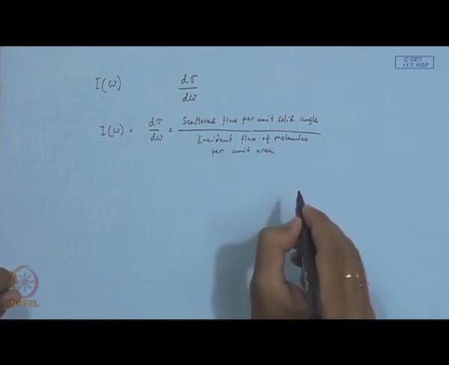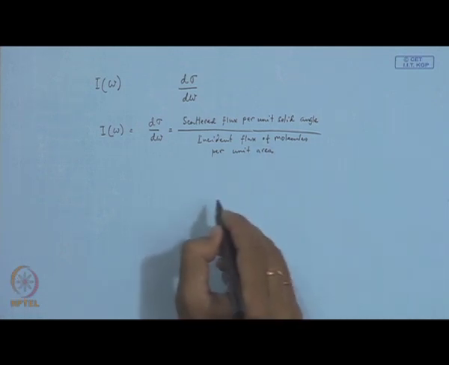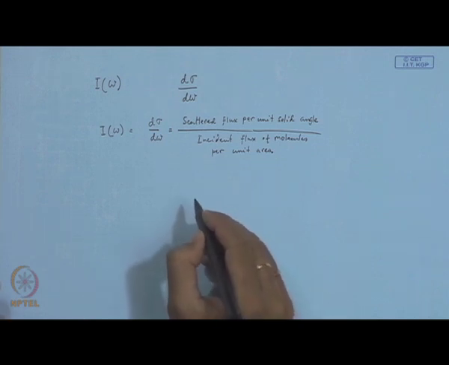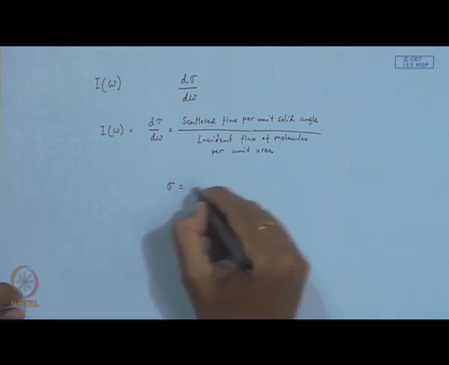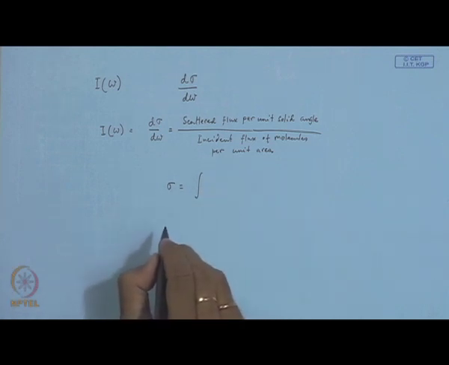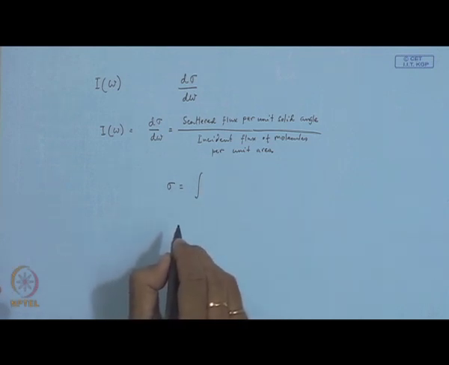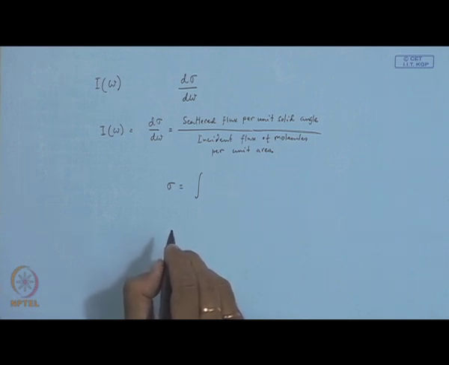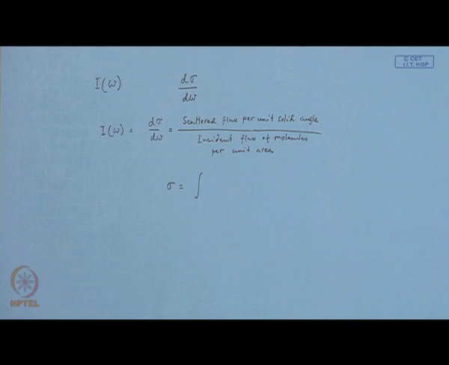And this cross section, as I already told you, the cross section sigma can be written as an integral, because you have to average it out. You have to find the total integral cross section in terms of the total angle.